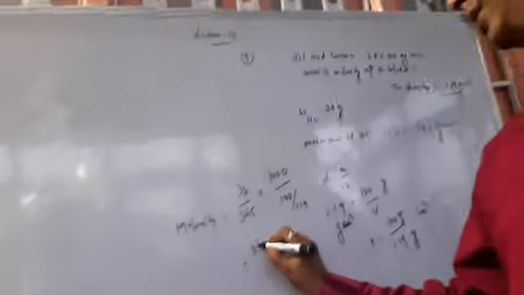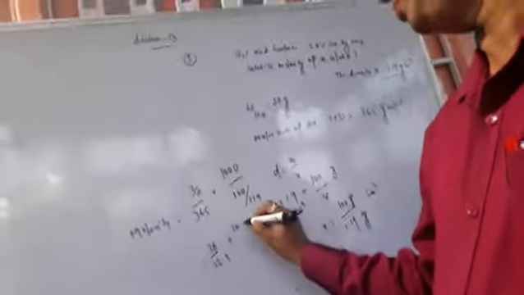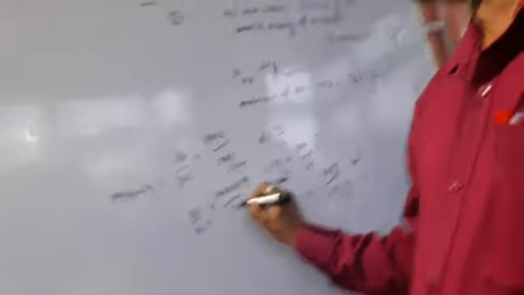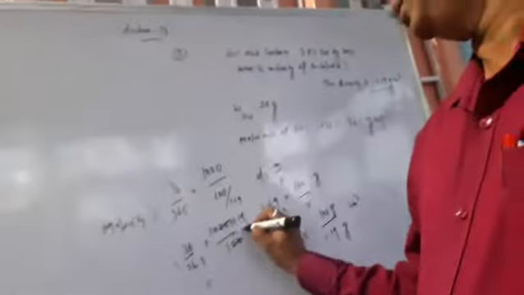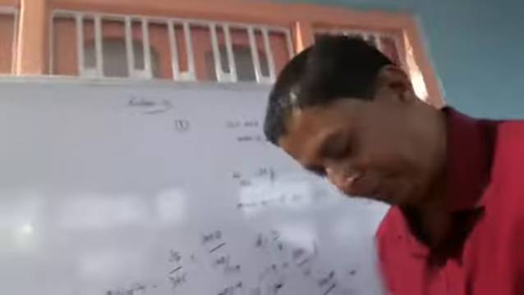That is 38 by 36.5 into 1000 into 1.19 upon 100. This is the answer in mole per liter. Now let us discuss another problem regarding this topic.